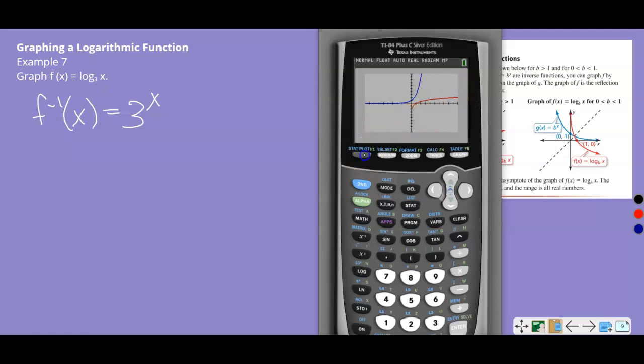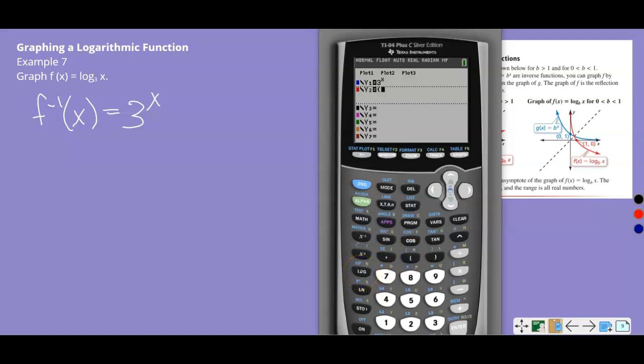Now, let me show you one more thing before we're done. Let's say that you don't have this log base button. If you remember the change of base formula, it allows you to change any base to base 10, which means you could use this button here.